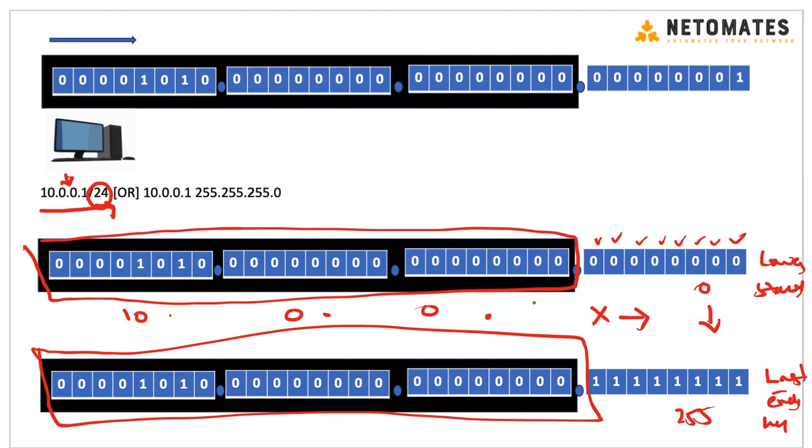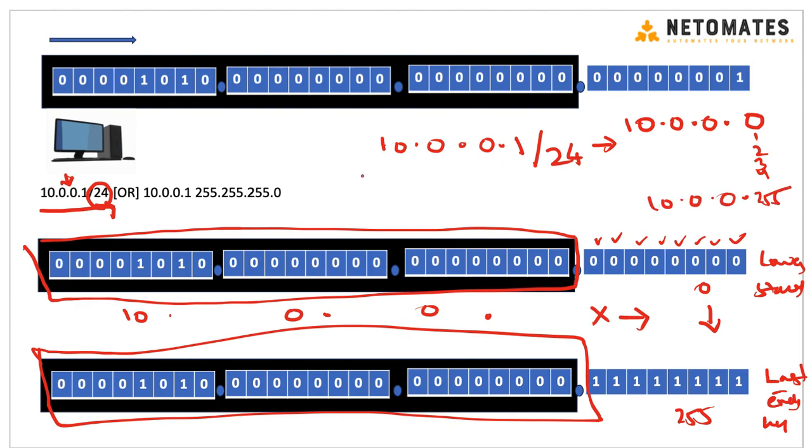So when we give the computer 10.0.0.1/24, it will do the same calculation and understand that okay, my IP address is 10.0.0.1, as I have been configured with a /24 subnet mask. My group will contain addresses starting from 10.0.0.0, and it will go all the way to 255.